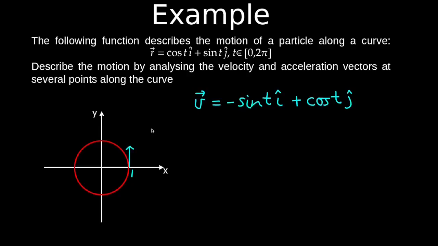And drawing in the velocity vectors by plugging in the relevant values for t, they look something like this at these points. And now the acceleration can be obtained by differentiating the velocity with respect to time.